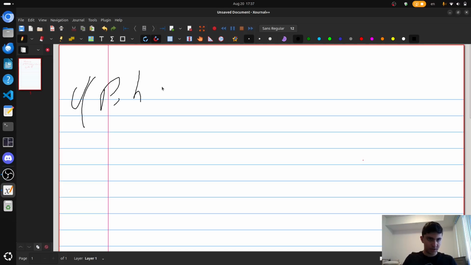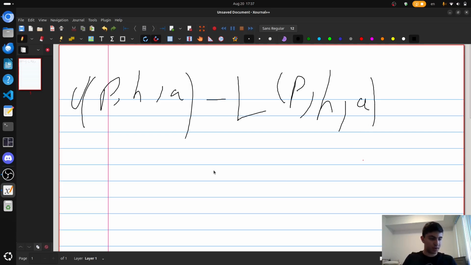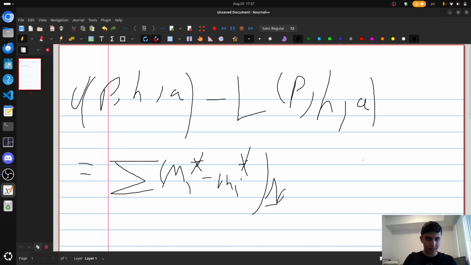UPH alpha minus LPH alpha is equal to the sum of Mi star minus mi star delta alpha I for I in A, and then you also want the part where it's I in B. So you're adding them together.